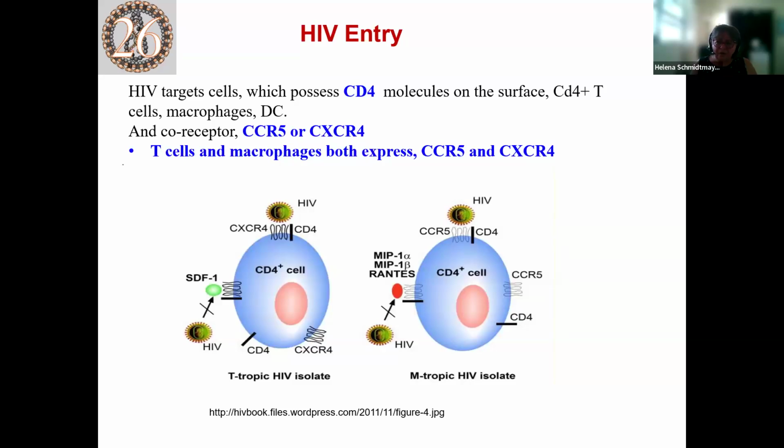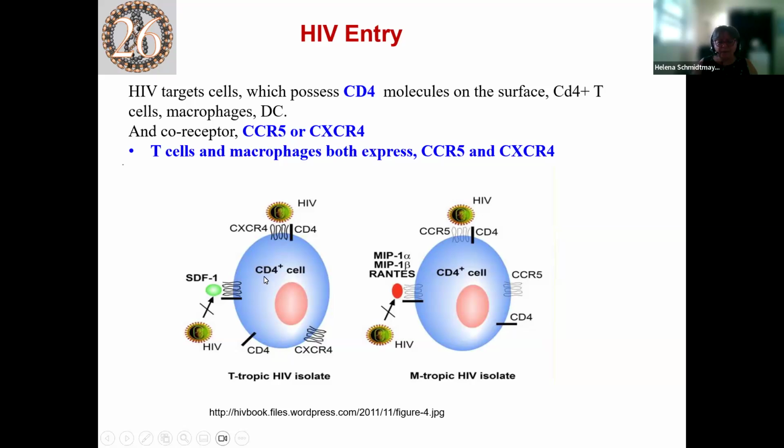However, later on, during the clinically latent stage, as the pathogenesis progresses, mutations are introduced and CXCR4 using strains start to occur. First, there are so-called dual tropic viruses, which can use both CCR5 and CXCR4, but later on, CXCR4 strains occur, and during the final stage, you will see both CCR5 and CXCR4 using viruses.